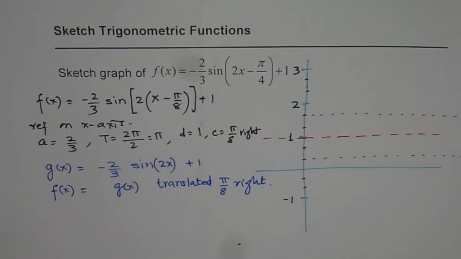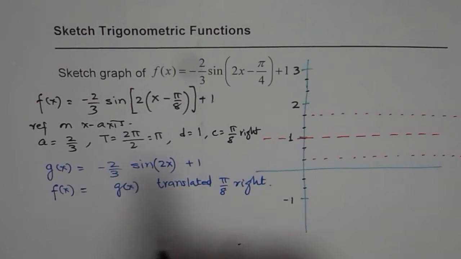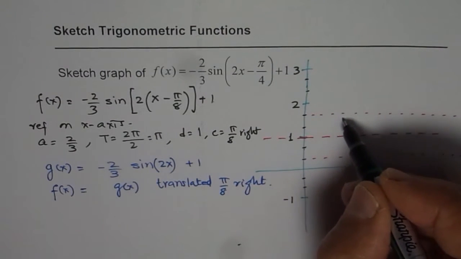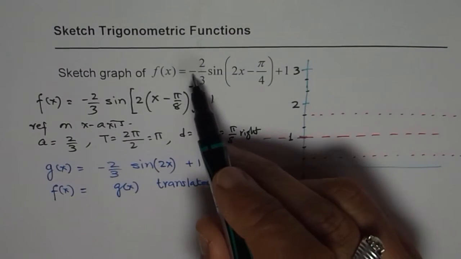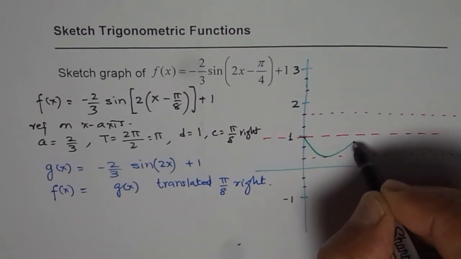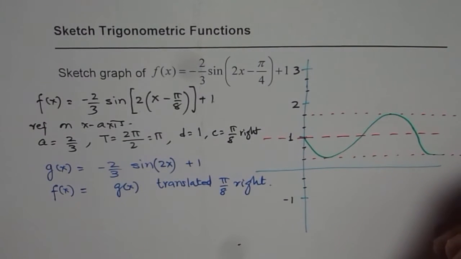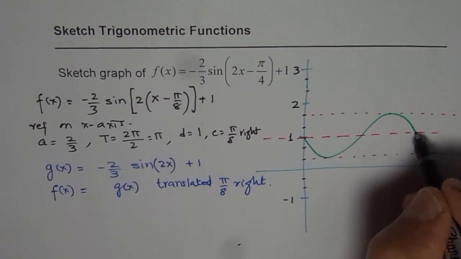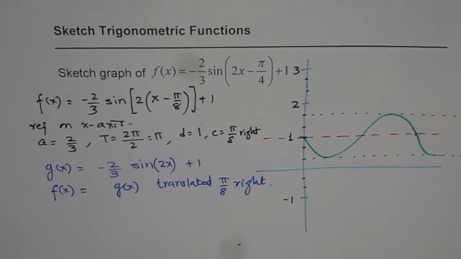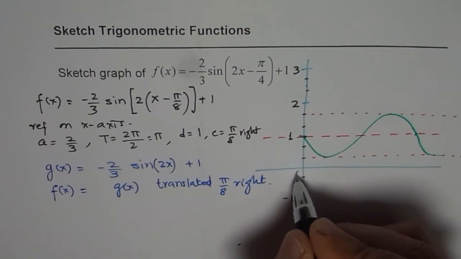So let us sketch the function g of x. Okay, now g of x is a minus 2 over 3 sine function. So normally the sine function will go up like this. Since it is reflected, my sine function will now be like this. Okay, so this is my sine function. Do you see that? Now this is my first period. So from here I know this is the value 0.